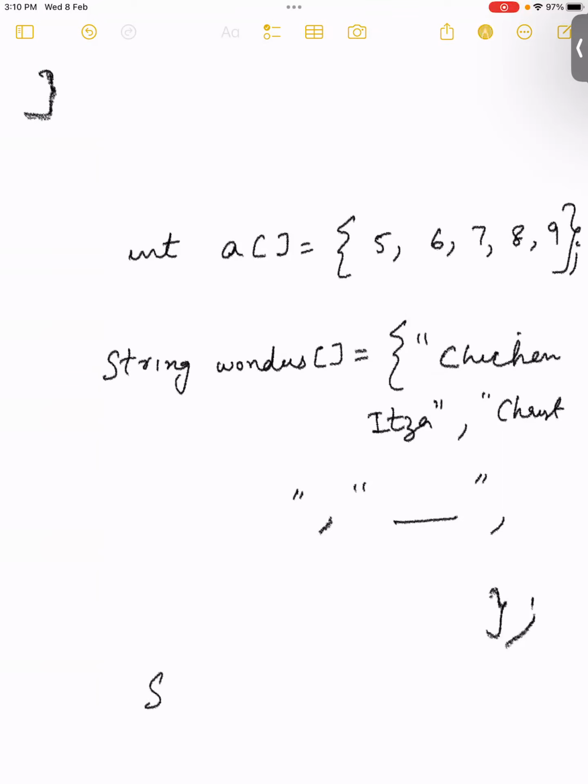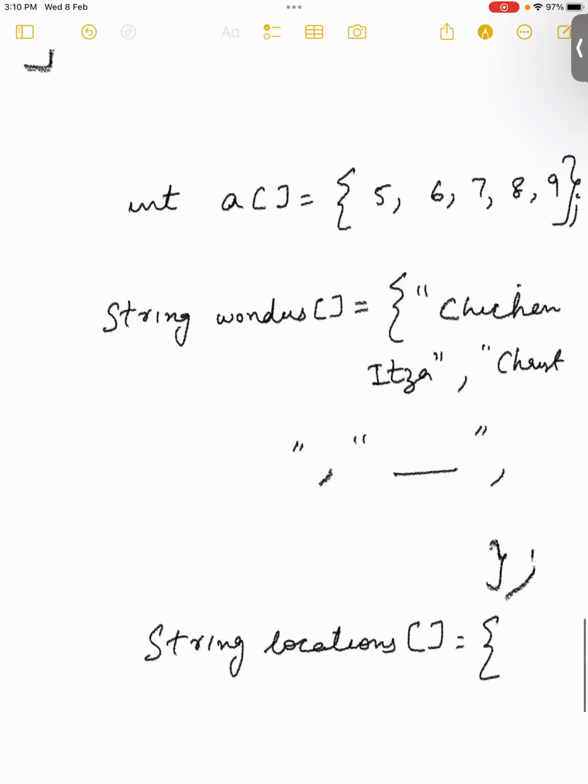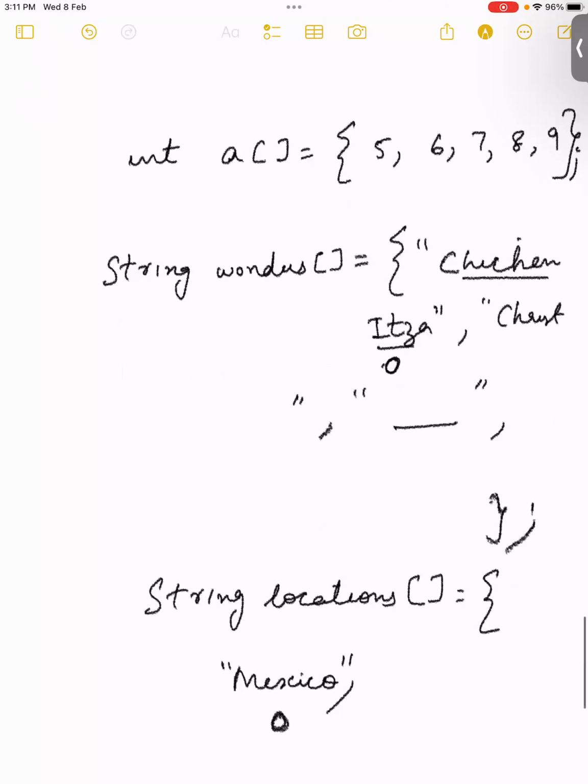Then for location, string, initialize the 7 wonders of the world along with their location. So there should be another array which talks about the location. When I say Chichen Itza or whatever, that is in Mexico. So I should be inputting Mexico as the first element, because if I am inputting Chichen Itza as the 0th element, Mexico should be the 0th element in my locations array.